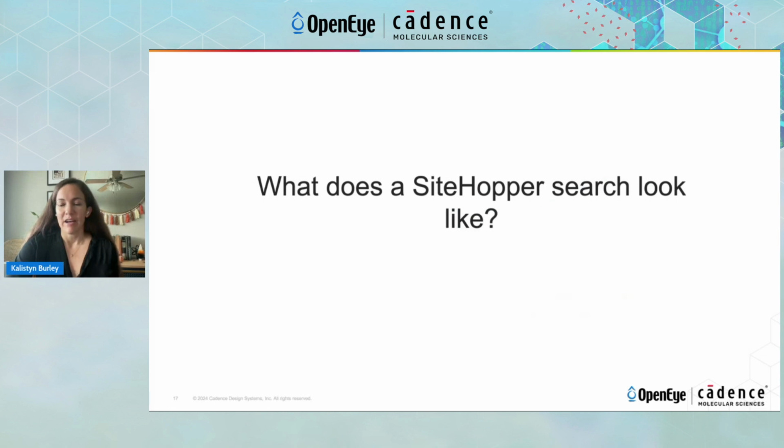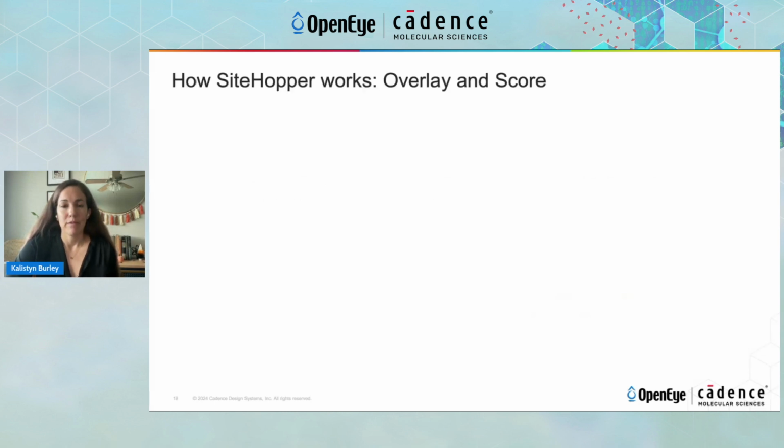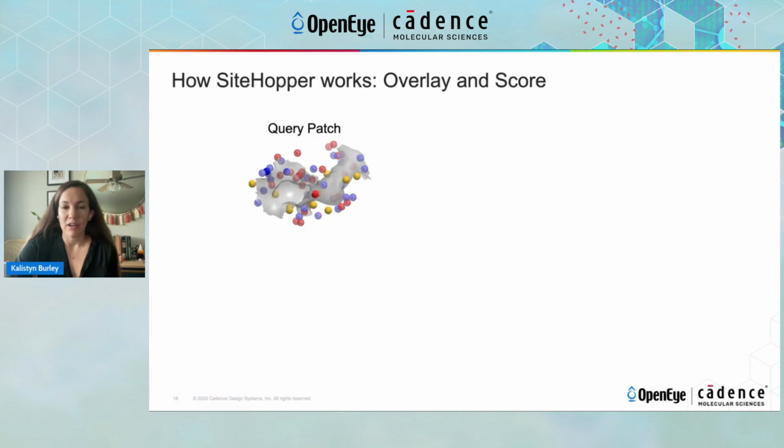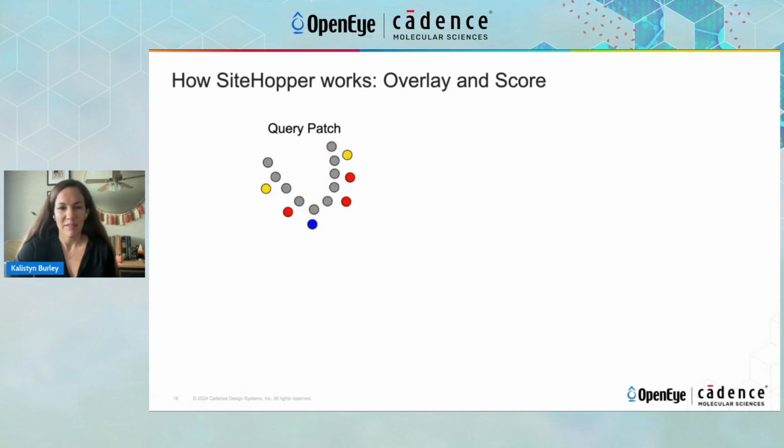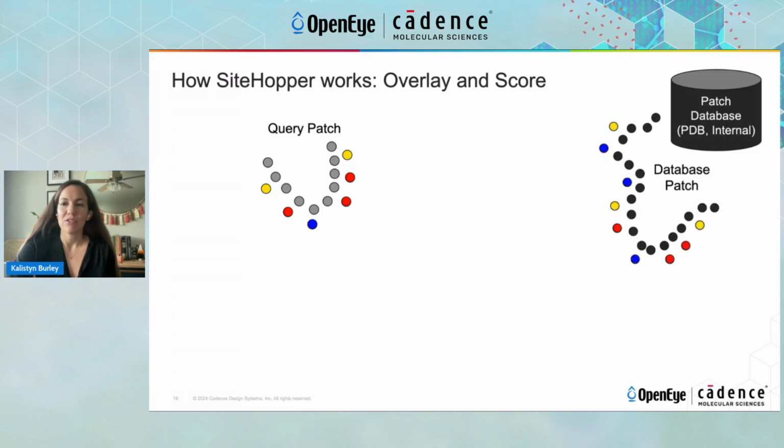So what does a SiteHopper search actually look like? We start with our query patch, that shape and color representation of our binding pocket, which I'm going to represent here in 2D just to make it easier to see. We take our query patch, and we also take a database of patches. I'll speak more about the databases in a little bit.